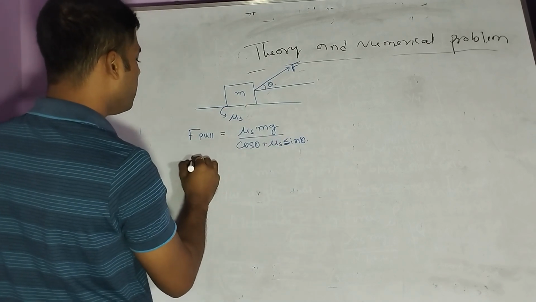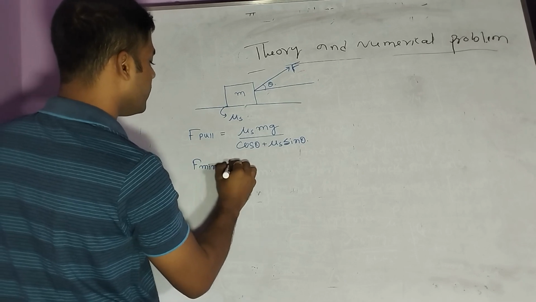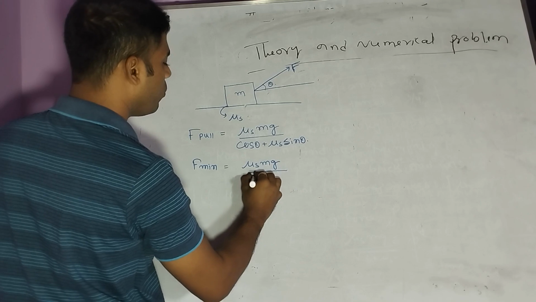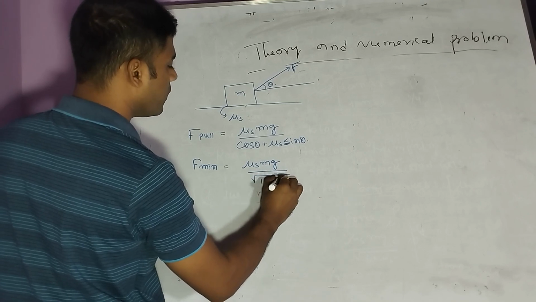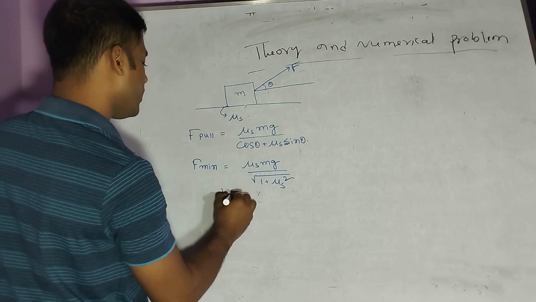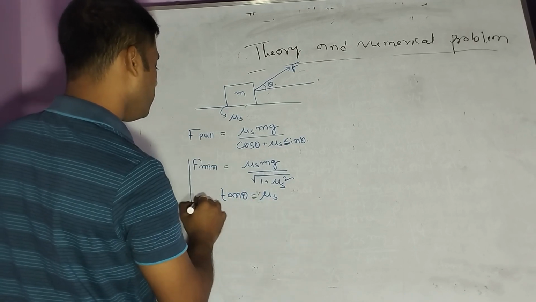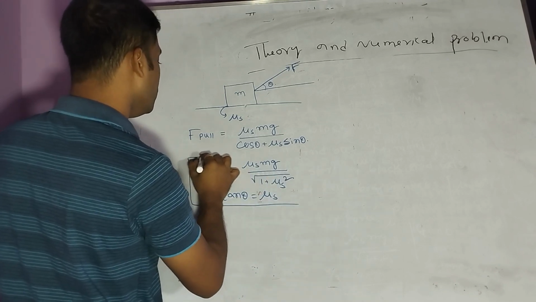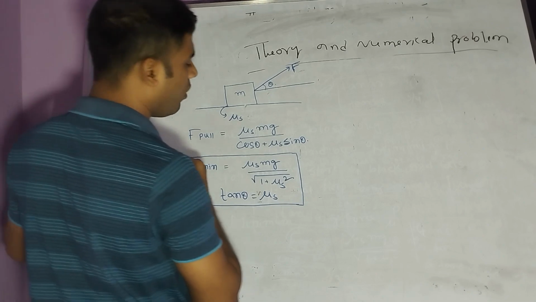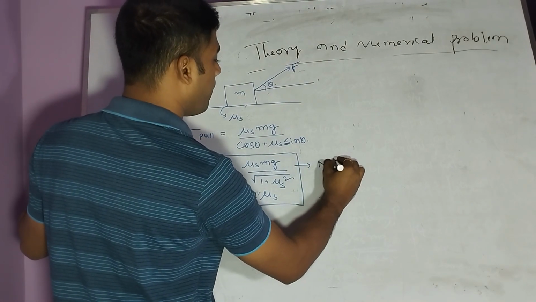Then the minimum pulling force equation is F minimum equals mu s mg divided by root over 1 plus mu s square. And the next equation is tan theta equals mu s. These two equations give the minimum pulling force which can help the body start moving on the horizontal road. This is the condition for minimum.